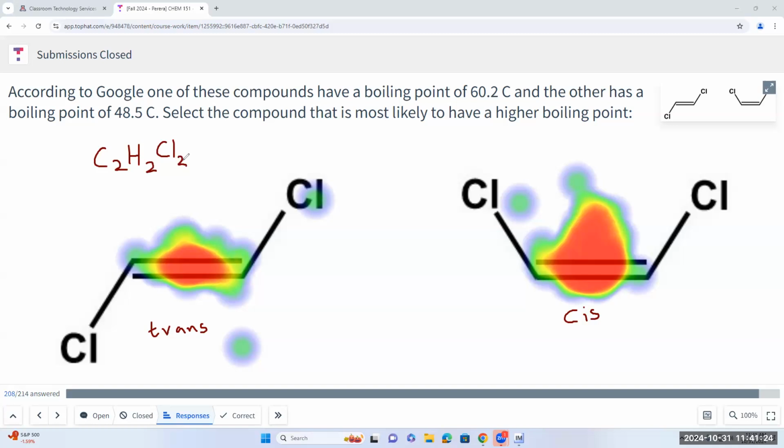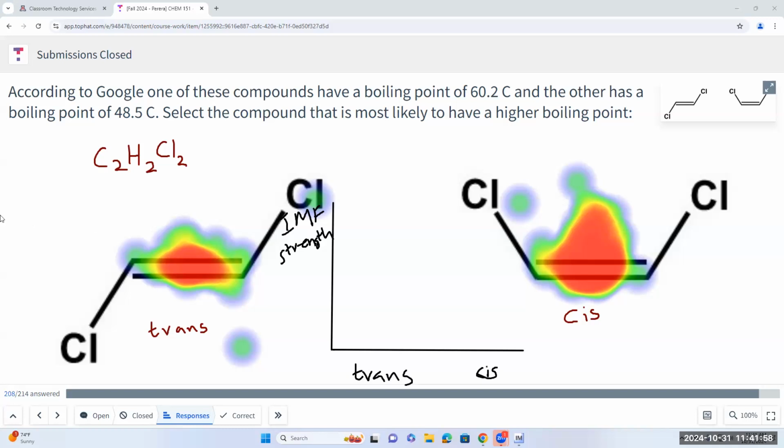Meaning if you drew a bar chart for the intermolecular force strength, and everybody should try to do this actually, let's have intermolecular force strength on the y-axis, and the isomer on the x-axis, trans and cis.